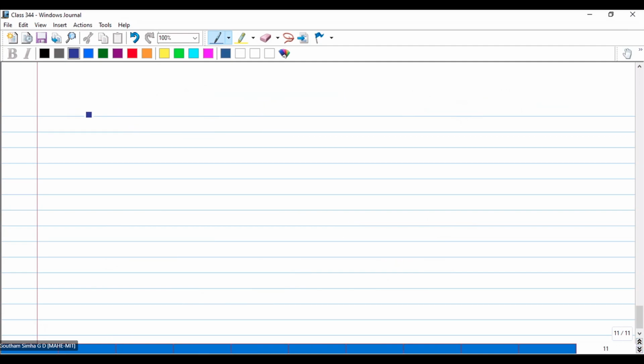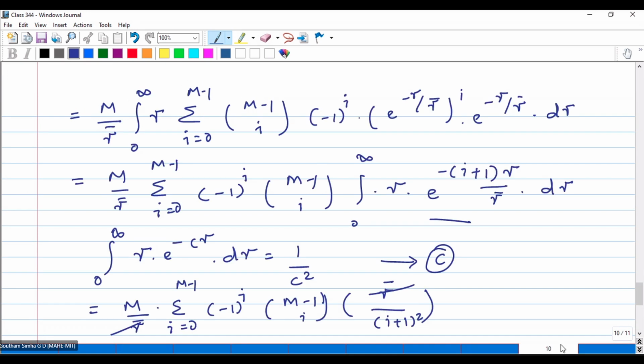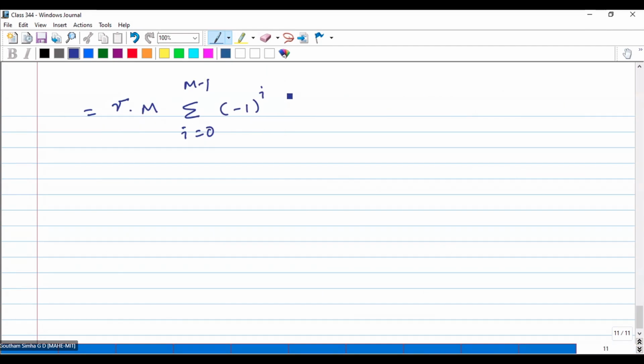You are left with an equation, gamma into m summation i equal to 0 to m minus 1, into minus 1 to the power of i, m minus 1 choose i. The gamma bar has cancelled, and one gamma square has got cancelled.